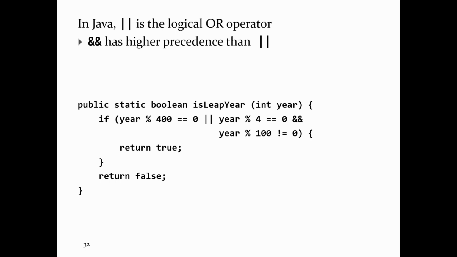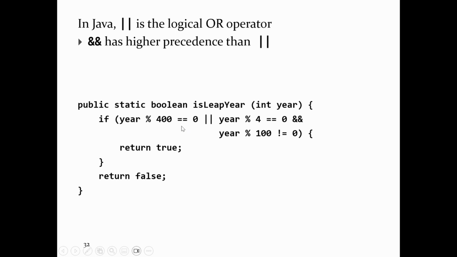So the year 2000 is a leap year, because 2000 is evenly divisible by 400. The percent sign is Java's remainder operator. So take the year, divide it by 400, and compute the remainder. If the remainder is equal to 0, then this condition is true. So 2000 divided by 400 is 5 with a 0 remainder, so that condition is true.